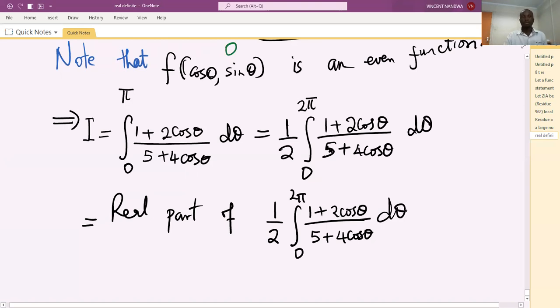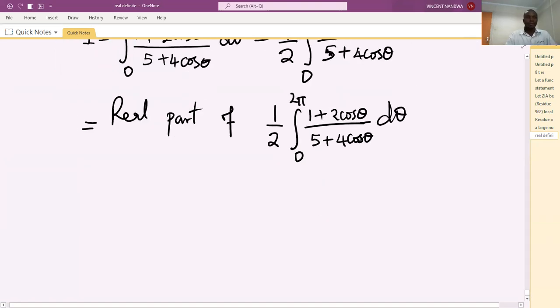That is according to the question, because they want us to find the real part of that integral.